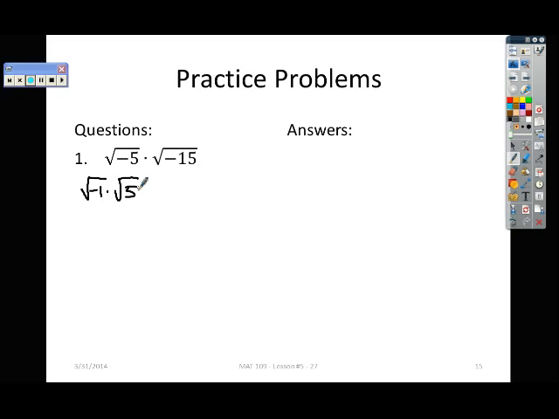Those are the factors of minus 5. There are only two sets of factors for minus 5: plus 1 and minus 5, or minus 1 and plus 5. I picked minus 1 and plus 5. This part is equal to i, and this is equal to the square root of 5.